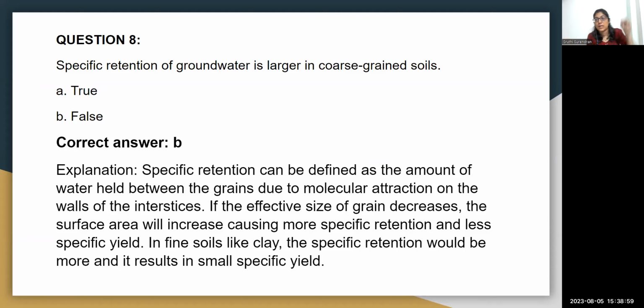We know that if you take water and pour it through sand, all of it drains off when compared to clay. In clay, the water keeps getting retained. So the answer for this question is false. Specific retention of groundwater is larger in fine grained soils or soils with small particle size like clay.